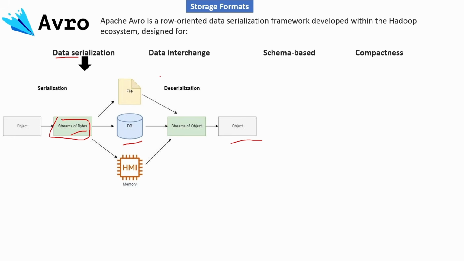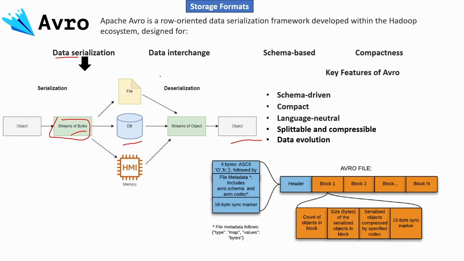Now if I talk about the key features of Avro, the first key feature is it is schema driven. Every Avro data file contains metadata about the data structure. If you see here, it is written that we are having metadata for all the files. It enables cross-language data exchange. Second is compact.